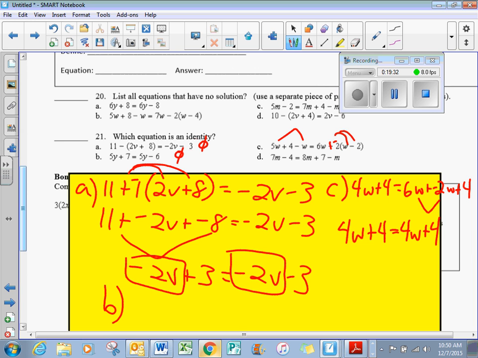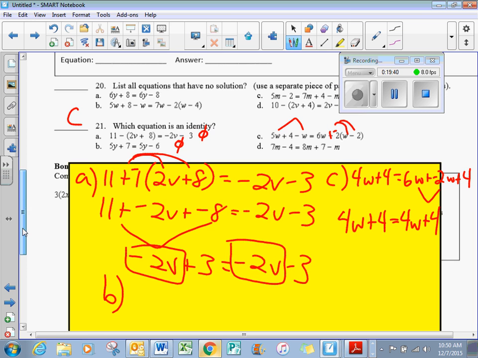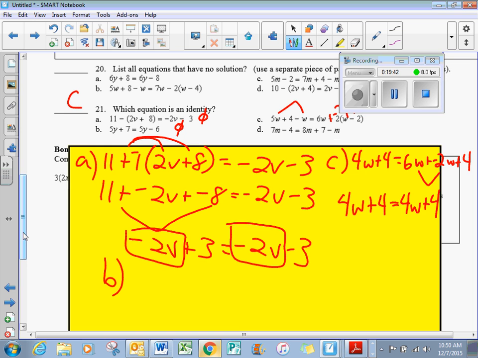That's infinite solutions. That's identity. Okay, and then D, when I simplify, I get 7m minus 4 equals 7m plus 7. Well, yeah, 8m minus m is 7m. And that's no solution also. So C is the answer.